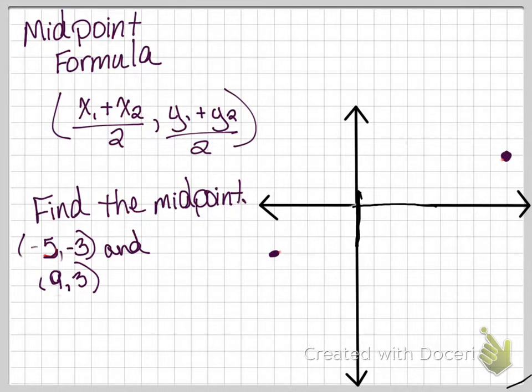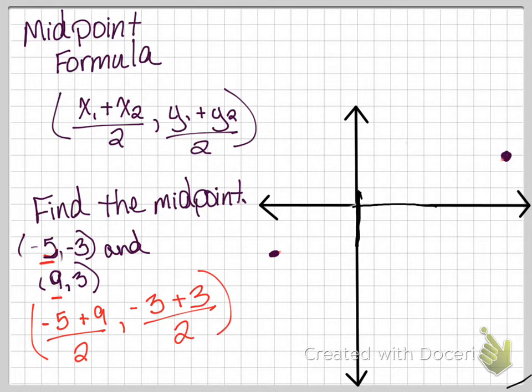So, what we're going to do first is add our x values together. Here is an x value, and here is an x value. So I have -5 plus 9, and I'm going to divide by 2. Then I am going to have -3 plus 3, and I'm going to divide by 2.